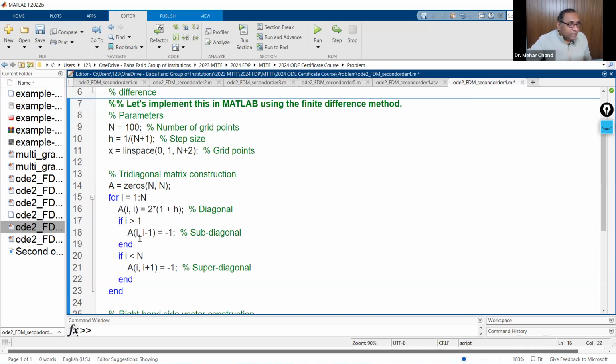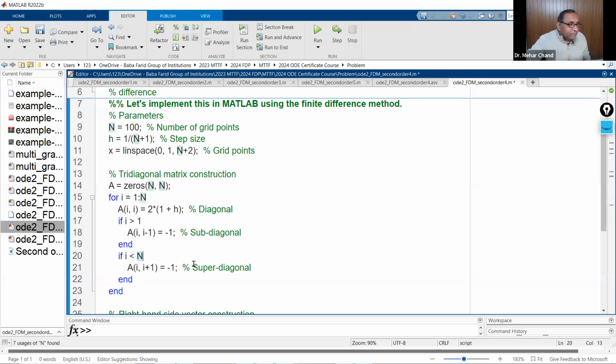Okay, and then if I is greater than 1, then I, I minus 1 will be equal to minus 1. These are the subdiagonal. All the elements below the main diagonal element, we have minus 1.